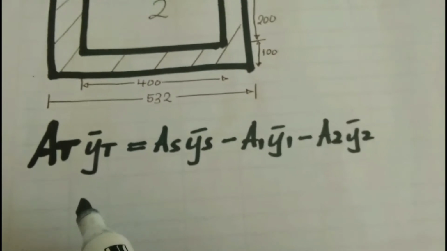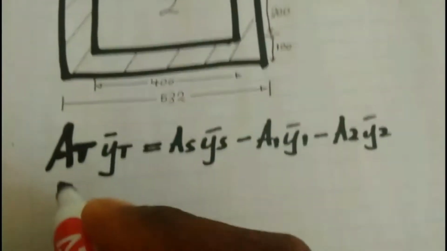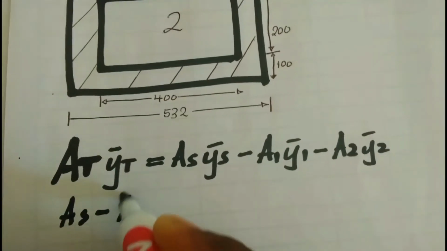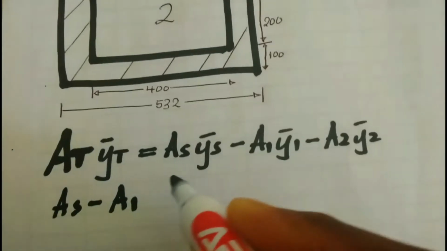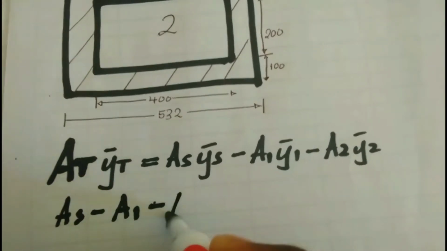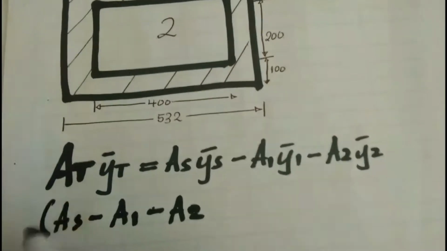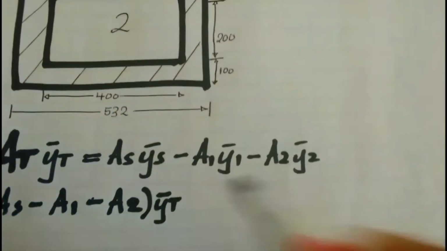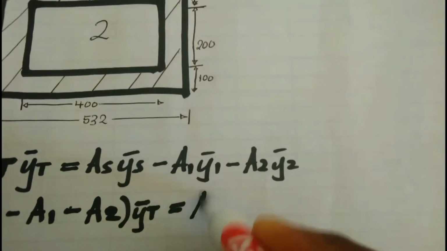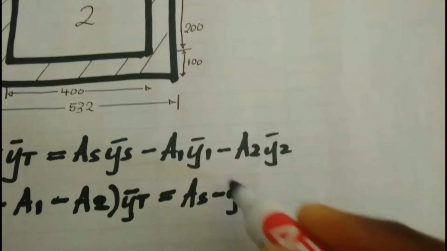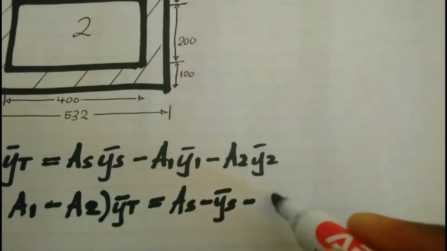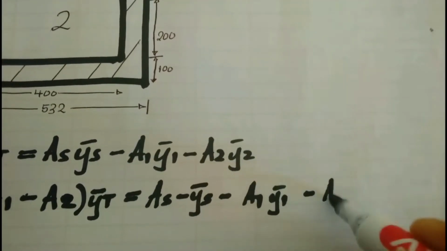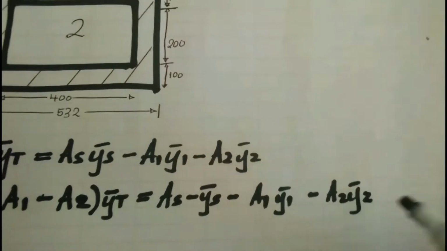So for the total area, we say it's the area of the solid part, subtracted by the area of square 1 and the other, 2, and here is the total Y bar, and equate it to the area of the solid part times Y bar solid, minus A1 Y1 bar and A2 Y bar 2.